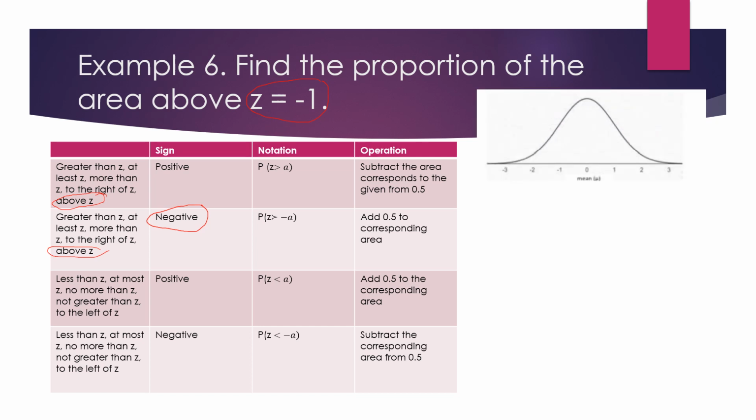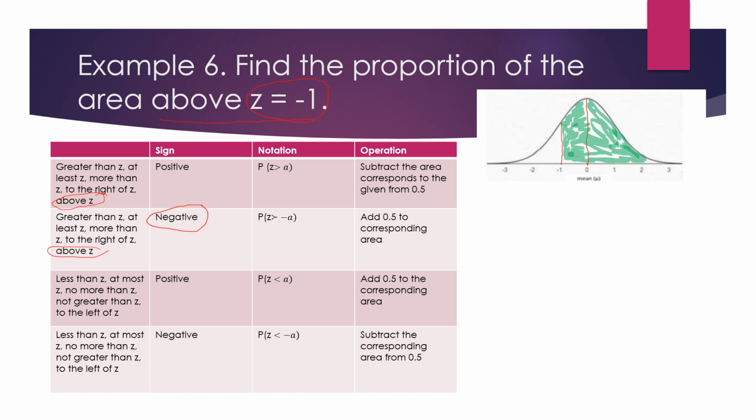So, let's illustrate. z equals negative 1 is at the left side of the mean. Since it is stated that above z is equal to negative 1, therefore the shaded region is from negative 1 going to the right side, including the other side of the mean.